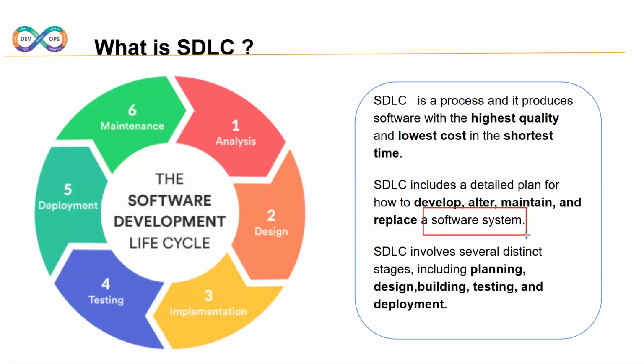In your mobile applications also, we can see this many times. Whatever applications you are using are updated monthly, once in 3 months, once a month, weekly also. It includes planning, design, implementation, testing, and deployment, which we have already discussed. I hope you understand what exactly SDLC is now.